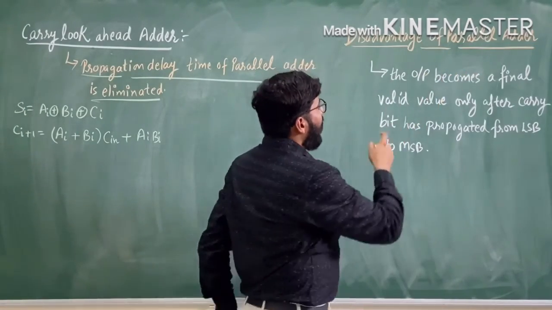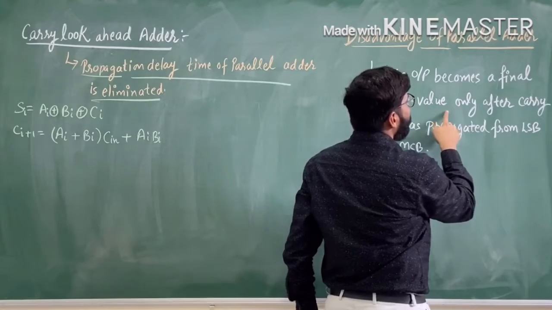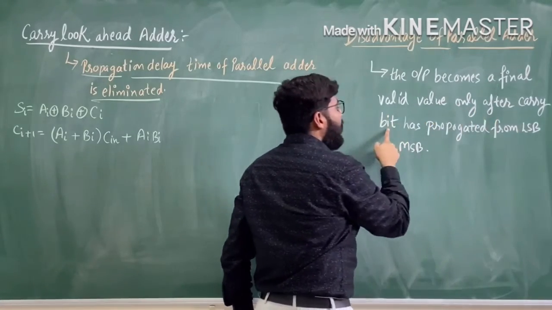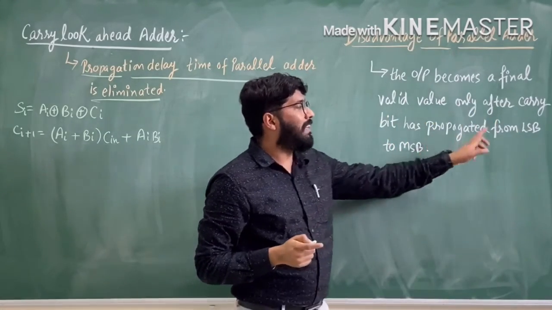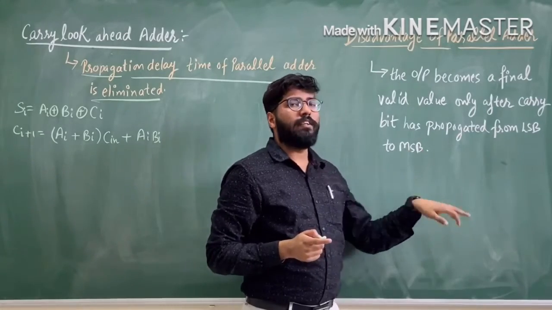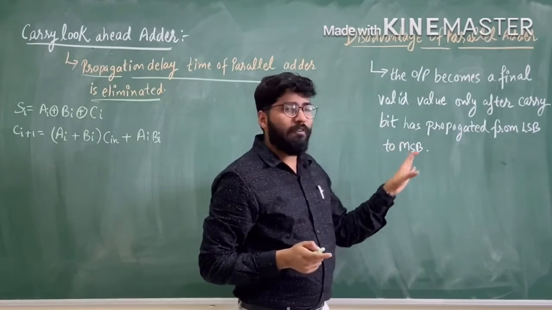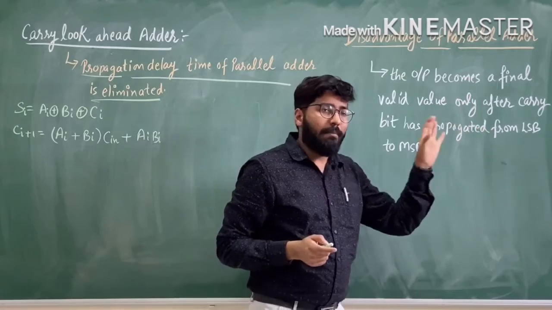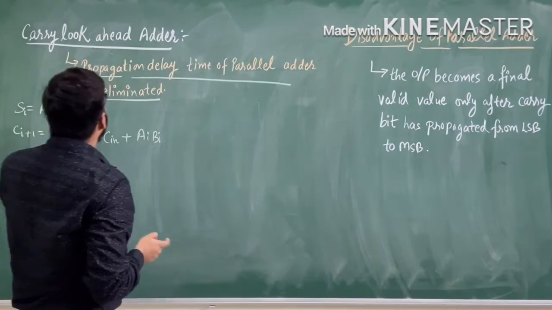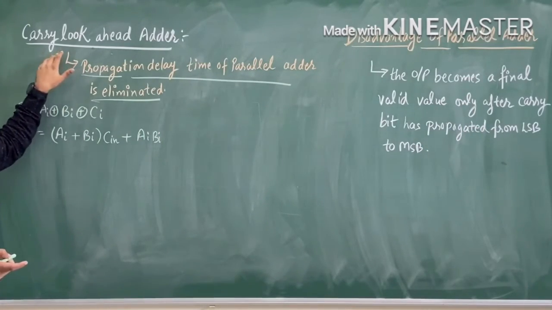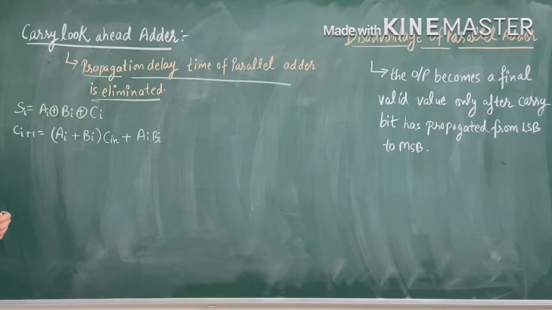Here I am writing: the output becomes a final value only after the carry bit has propagated from the least significant bit to the most significant bit. This disadvantage of the parallel adder is solved in the carry look ahead adder.